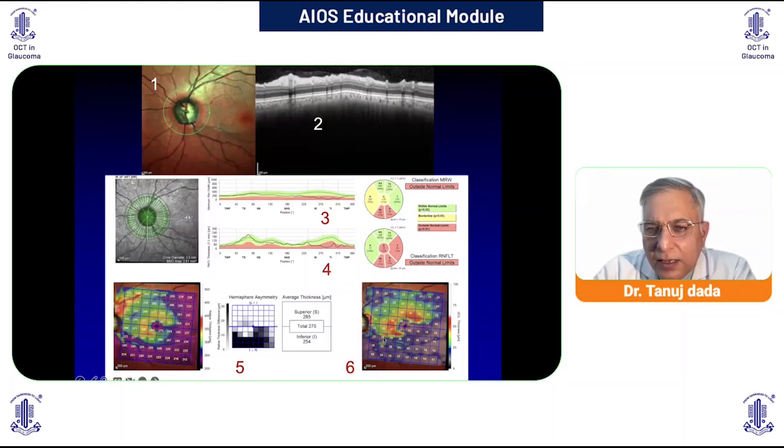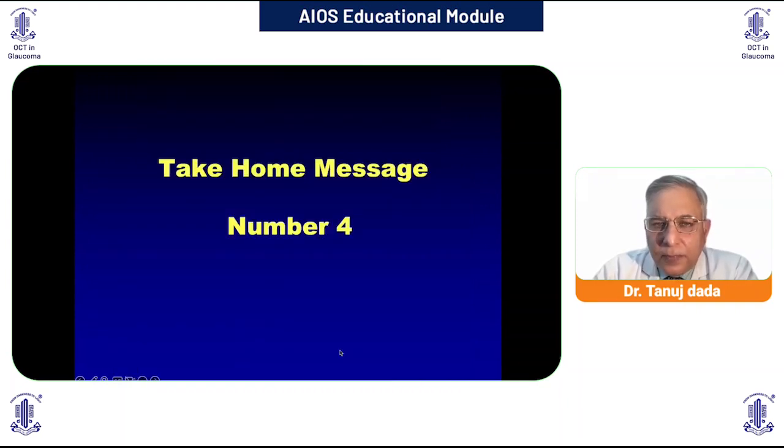You can see this inferior loss of ganglion cells. Normally this is like a donut, and here you see the inferior part of the donut has been erased. There is loss of inferior ganglion cells. So with these 6 steps, you have confirmed a diagnosis of glaucoma in this patient.